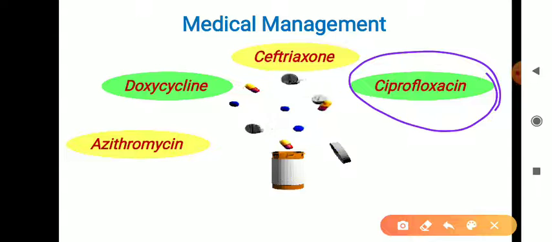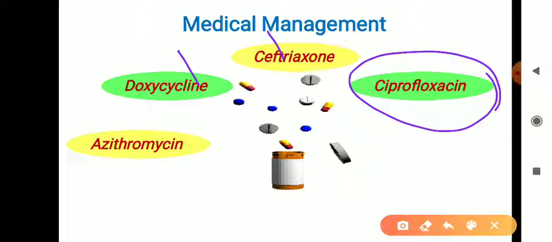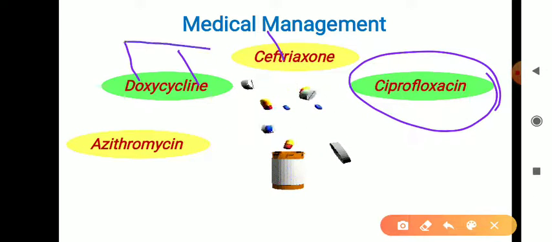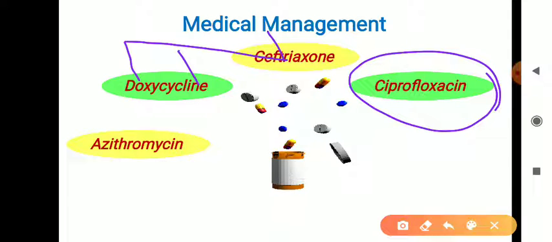Ceftriaxone and doxycycline will be given to patients who are 14 to 35 years of age, because these medications help to destroy or inhibit the bacteria that causes gonorrhea.